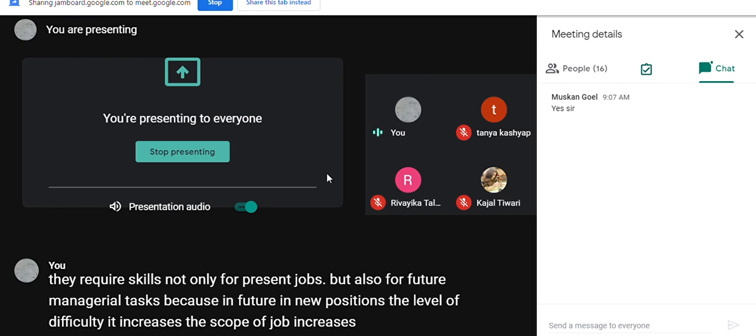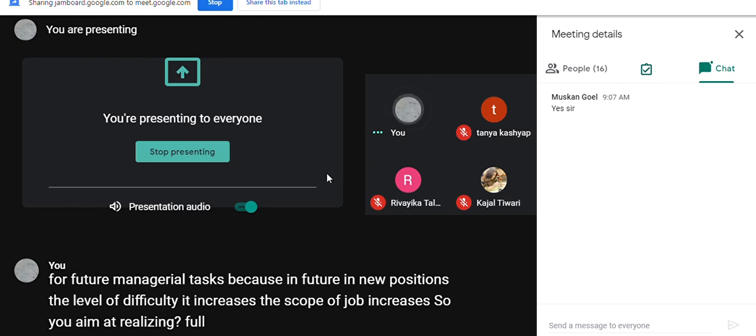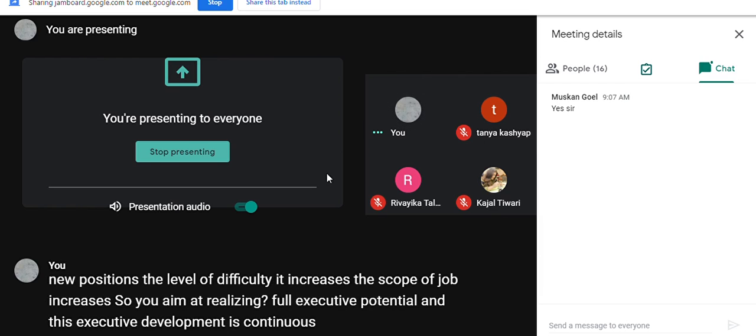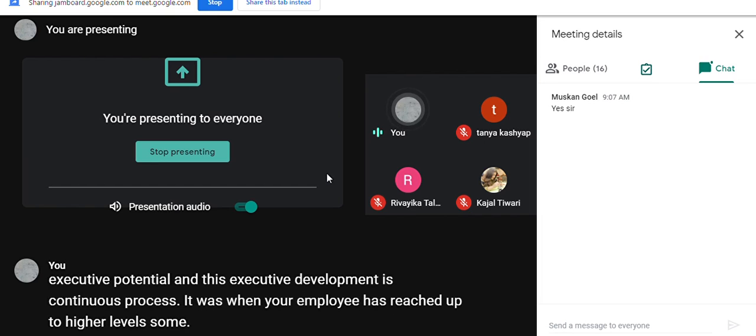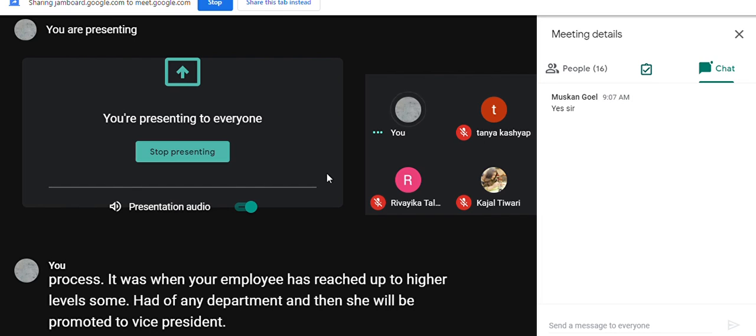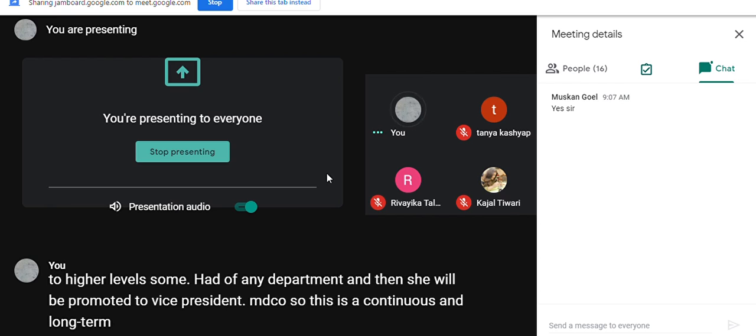So you aim at realizing full executive potential, and this executive development is a continuous process, because when your employee has reached a higher level, some head of a department, she will be promoted to vice president, MD, CEO. So this is a continuous and long term process, so that each employee develops herself.